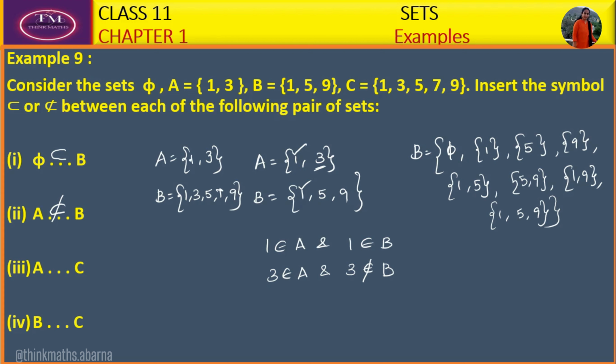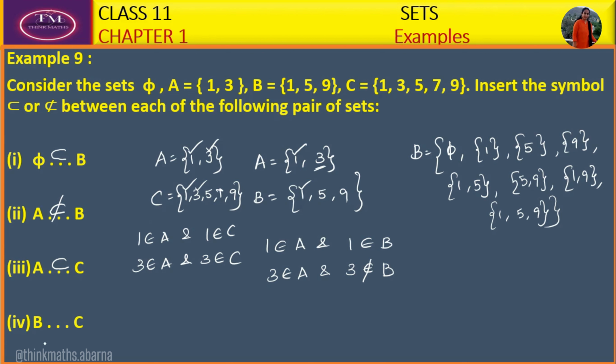If you take the elements of A, 1 belongs to A and 1 belongs to C. The next element is 3, which belongs to both A and C. So every element of A is an element of C, and then A is a subset of C.